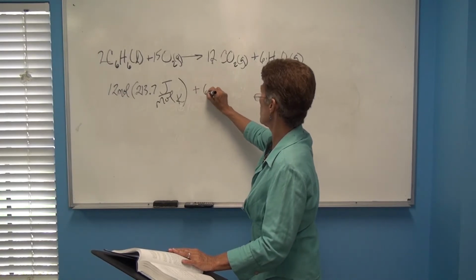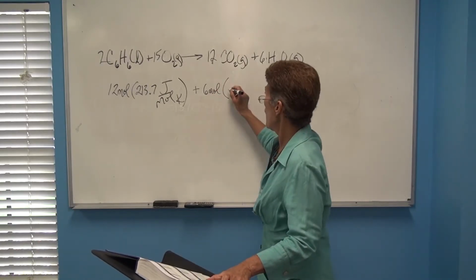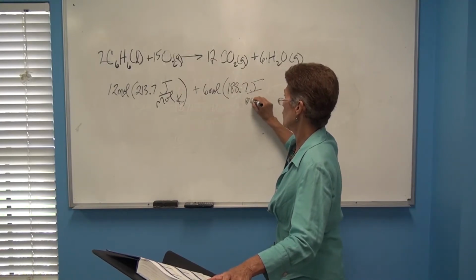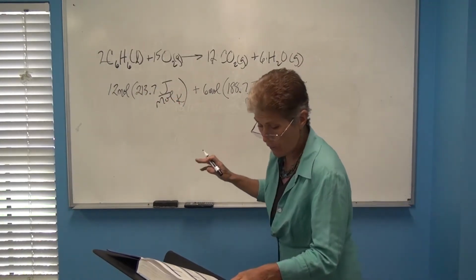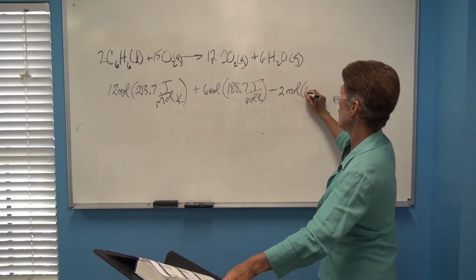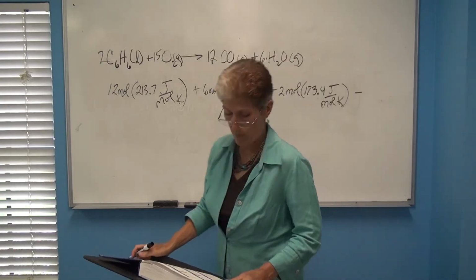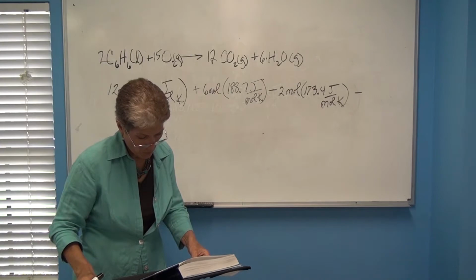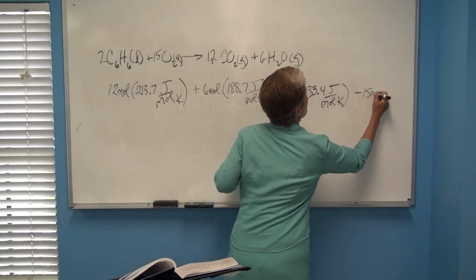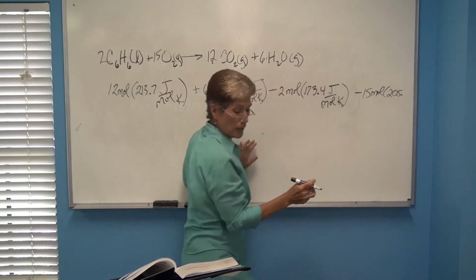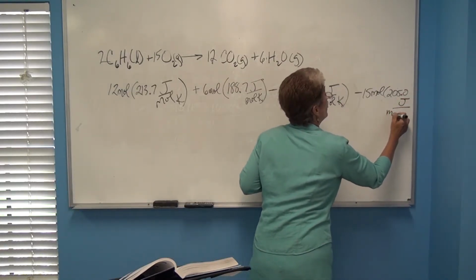Okay, plus 6 moles times water in the vapor state, and so water in its vapor state is 188.7 joules per mole Kelvin, minus, now we go over there and we have 2 moles of C6H6 liquid, which is 173.4 joules per mole Kelvin, minus, I'm just distributing right now, 15 moles of O2 gas is 205.0 joules per mole Kelvin.